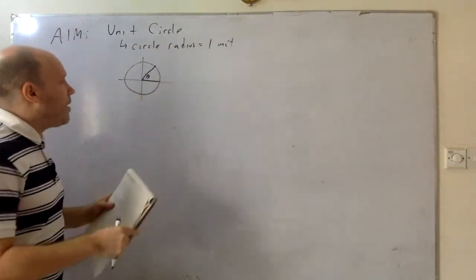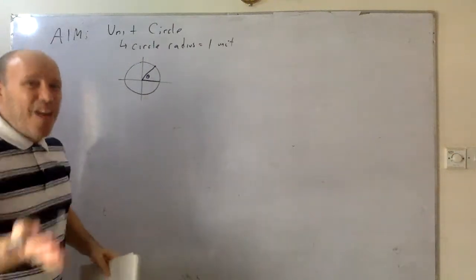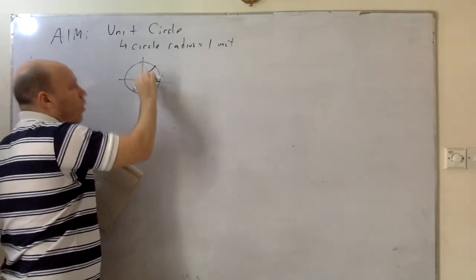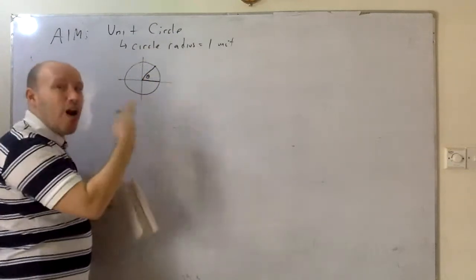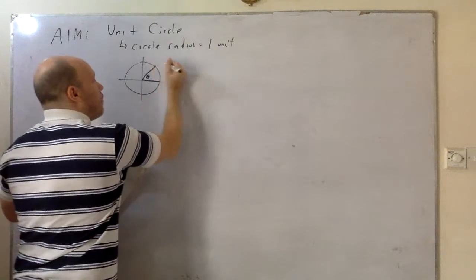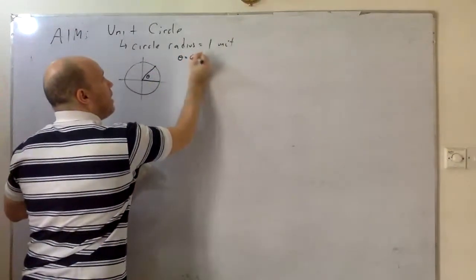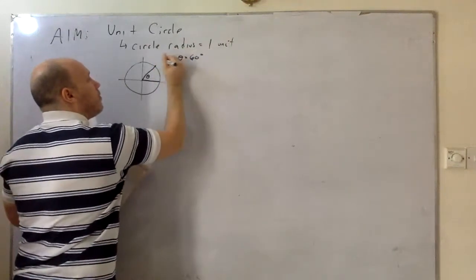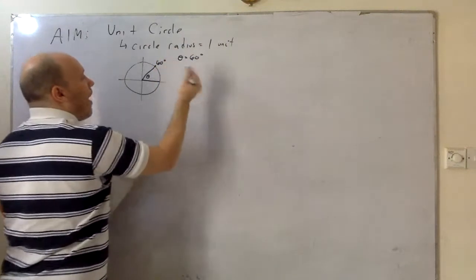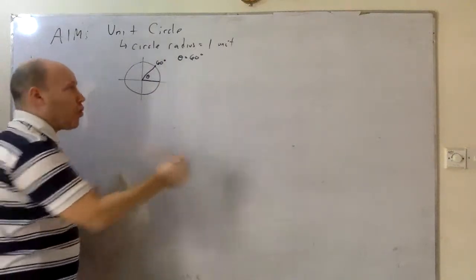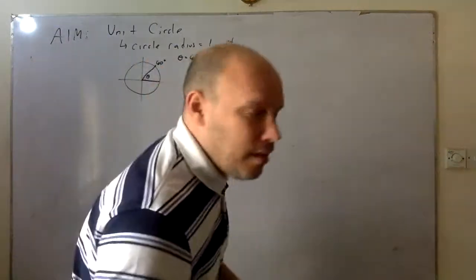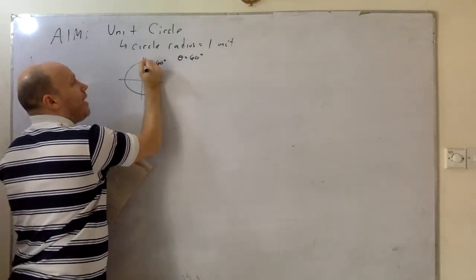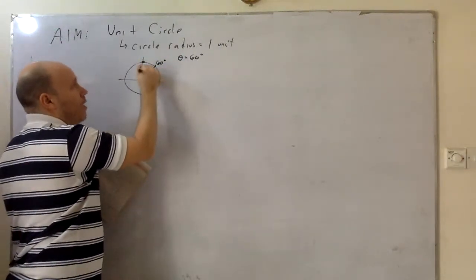The idea is that on the unit circle, each angle corresponds to a specific place on the unit circle. So if we talk about a rotation of 60 degrees, we can say that's right here. If I asked you to identify on the unit circle a rotation of 90 degrees, you would say, oh, Mr. Adler, it's right here, as if it moved around to 90 degrees.